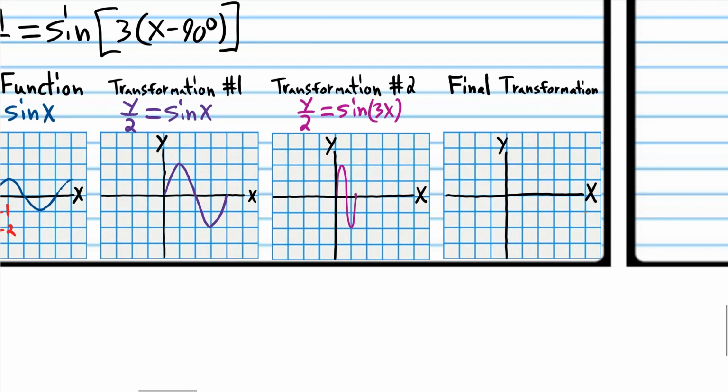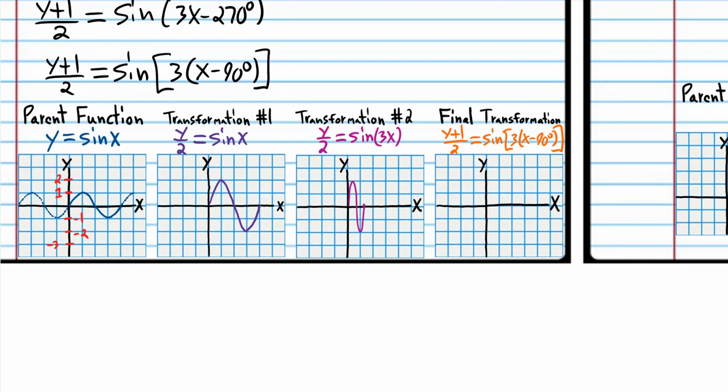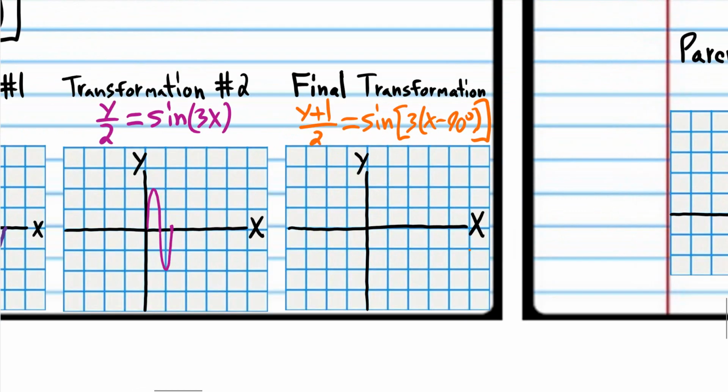So let's do the final transformation. Now I'm going to add 1 to y. So that moves the graph down 1 unit. And I'm also going to subtract 90 from x. So that moves the graph to the right 90 degrees.